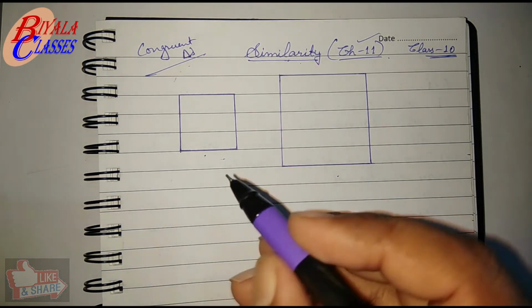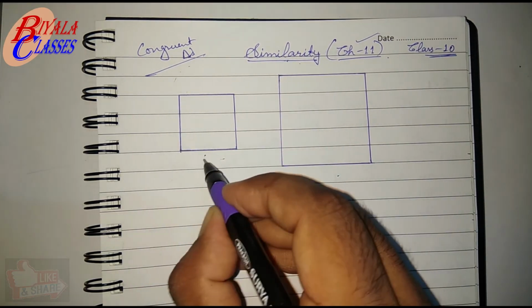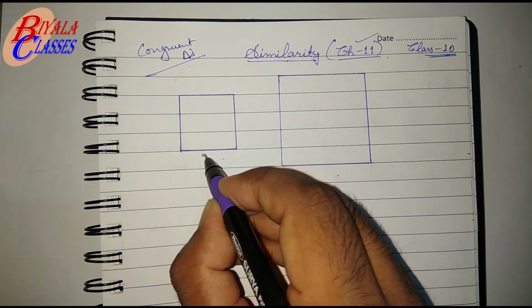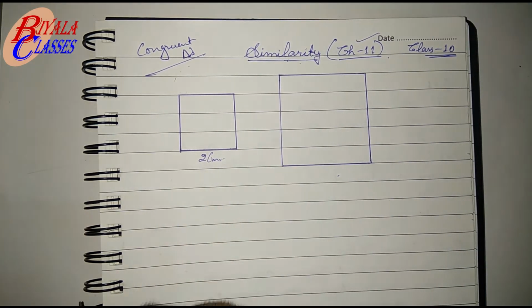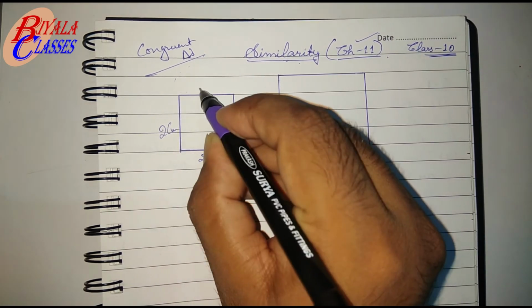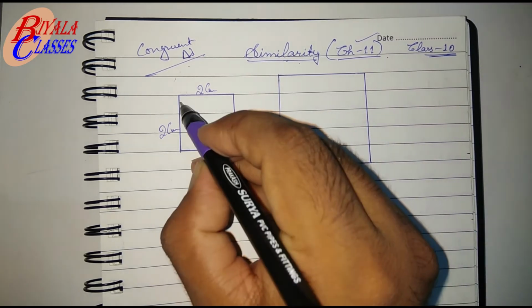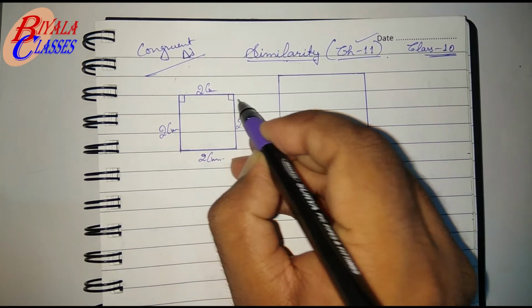For example, I take this as a square whose side is 2 centimeters, and of course being a square, each angle is 90 degrees.